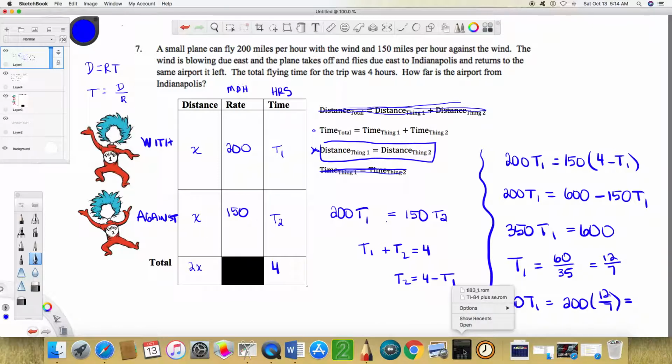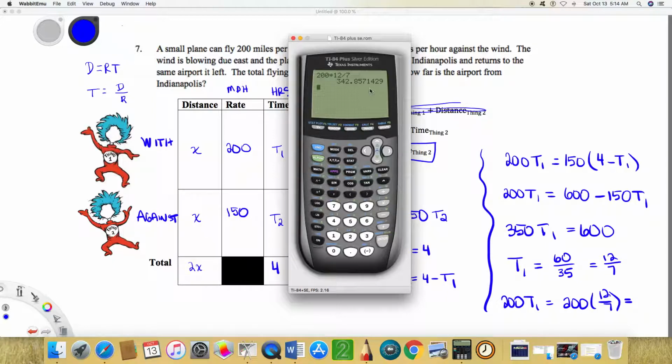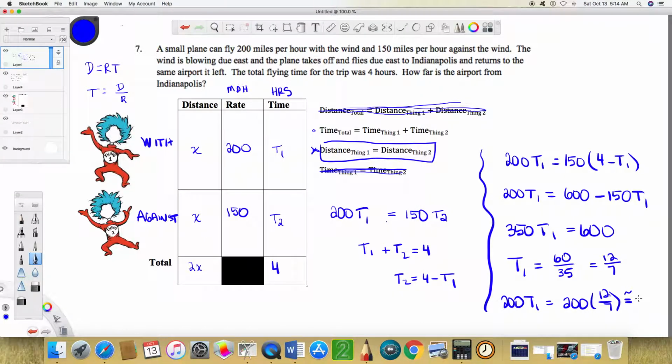So that should be it. 200 times 12 divided by 7. Let's round it to the nearest integer value. 342.857, let's just call that 343. All right, so I believe that it's 343 miles.